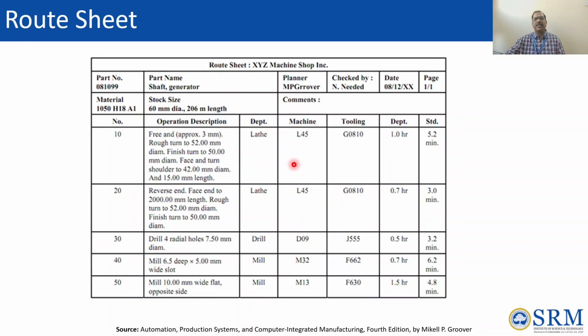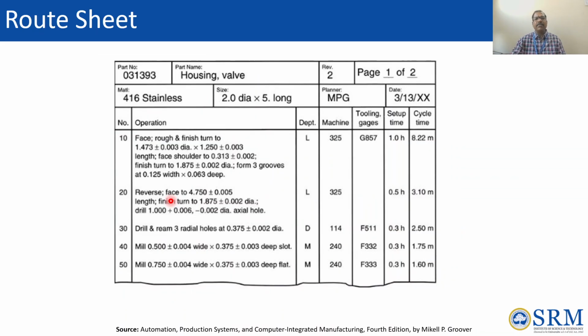Machines are labeled L45, D09, M32, where M means milling, and 32 is the number or name label of the machine, and L is the lathe. Then tooling, where each tool has a number, which department, how much time, the name of the component, the size of the component, the material classification, the part number, and who is checking. So there is a lot of information.